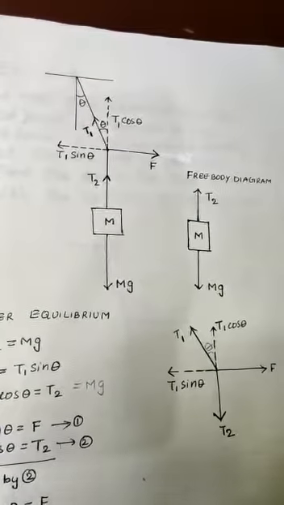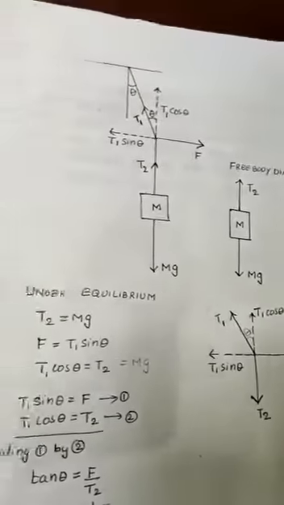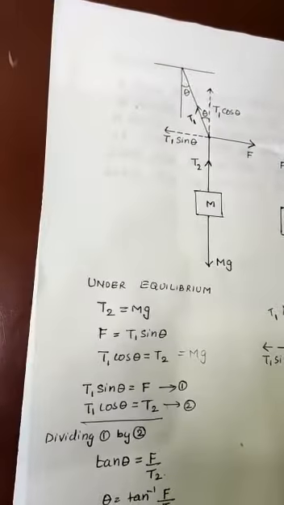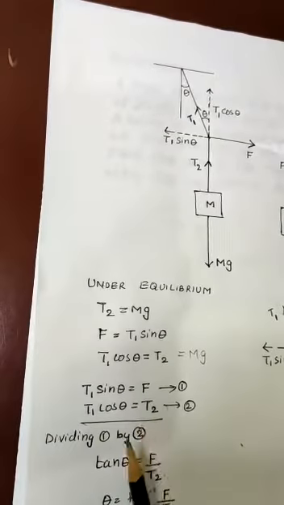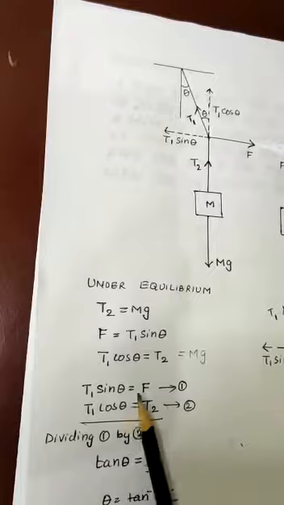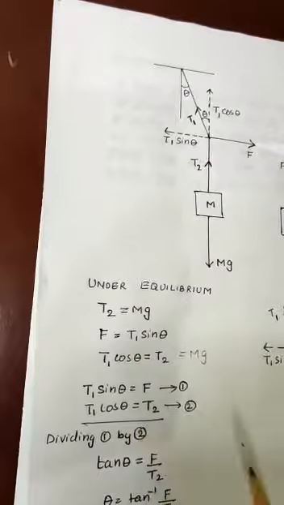Now, if you write the equations in order, T1 sin theta is equal to F and T1 cos theta is equal to T2. Take the first, T1 sin theta equals F, as the first equation and T1 cos theta equals T2 as the second equation.